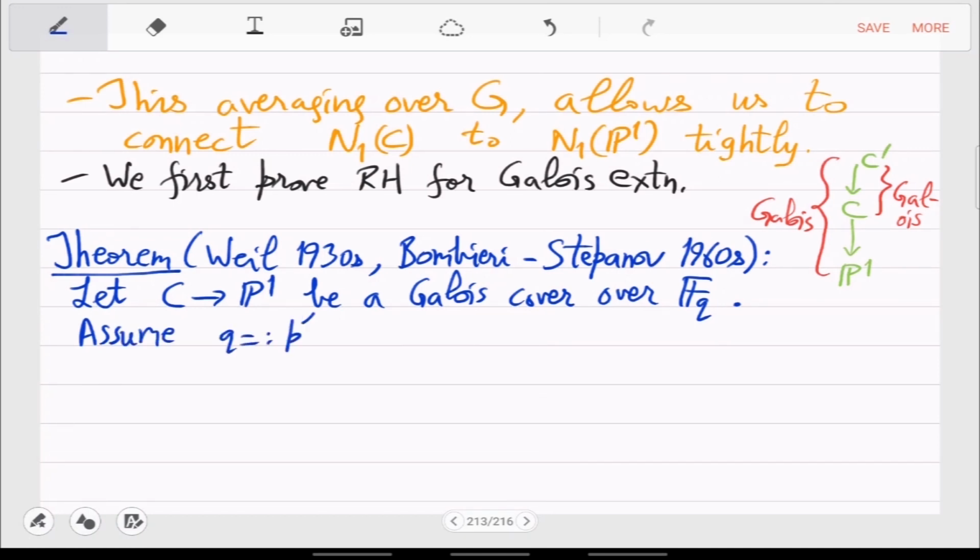Let Q be a power of P, where P is prime, P raised to alpha, with even alpha and large enough Q.